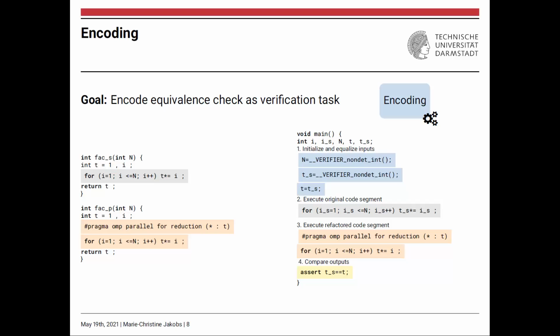So in our case, we can simply check if the values of copied and original variable for t, so the only variable which is modified in our example and is also live afterwards, have identical values. And then the verifier can check whether the assert statement is violated. At last, the verifier checks that no verification task violates an assertion, and if this is the case, it reports functionally equivalent.